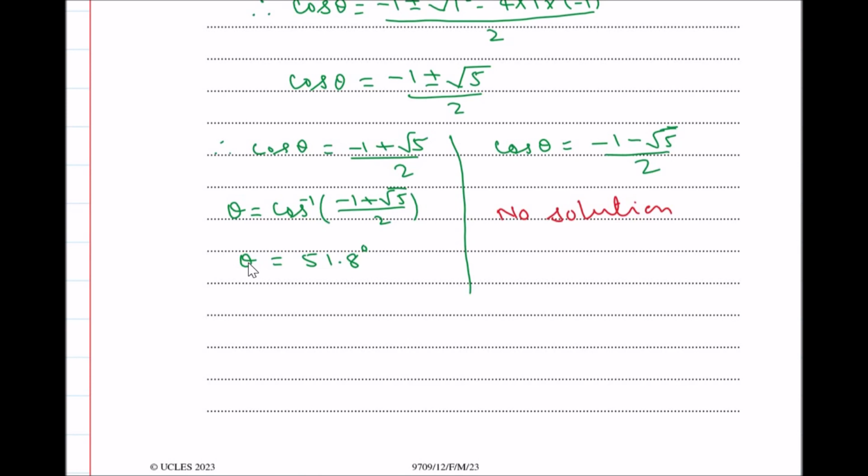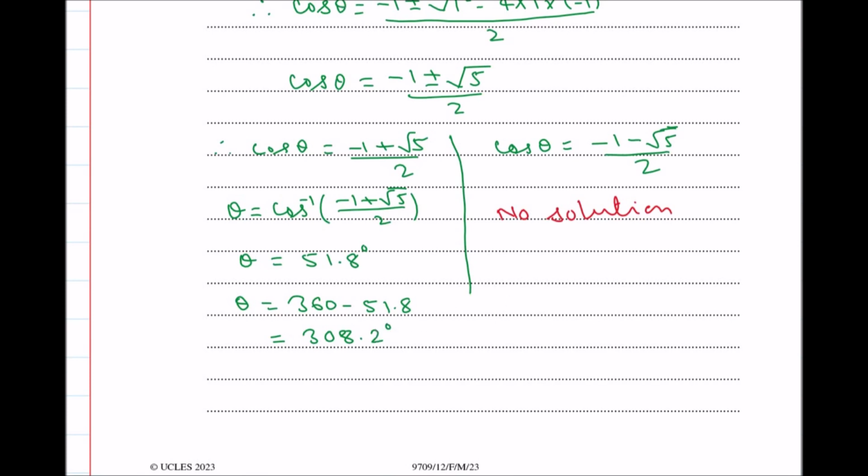Now one value we got in the range 0 to 360. We have to find all the possible values. So the other value will be found by subtracting from 360. So 360 minus 51.8, and that is 308.2.